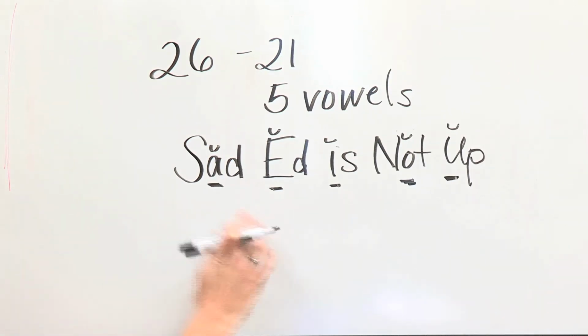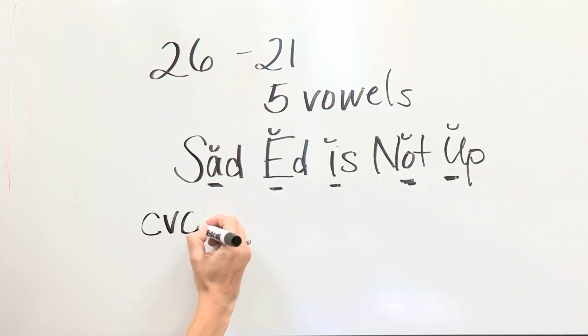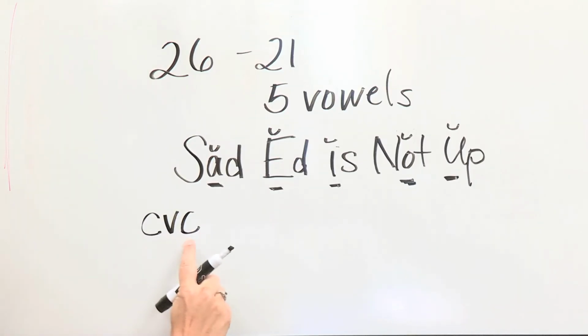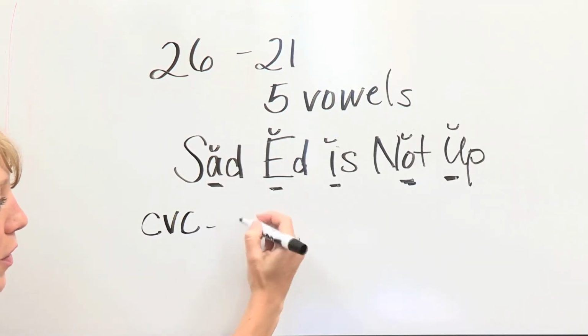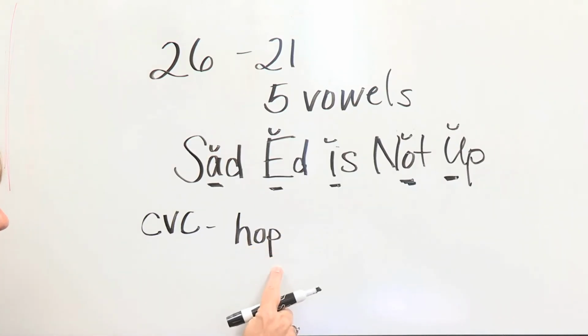Typically short vowel words are used in what we call CVC, which stands for consonant, vowel, consonant, as in the word hop. We have a consonant, a vowel, and a consonant. And because it's one syllable and it starts with a consonant, ends with a consonant, the vowel is typically short.